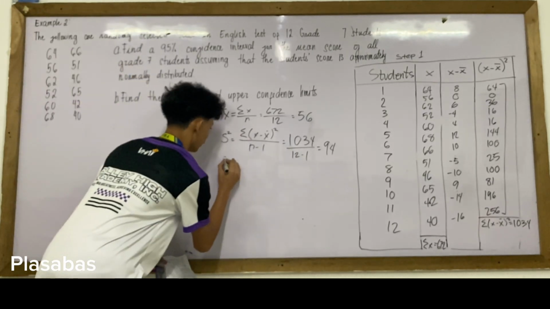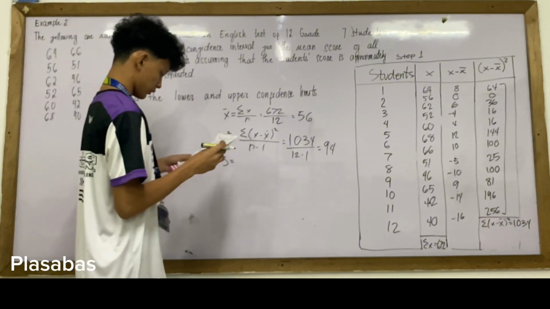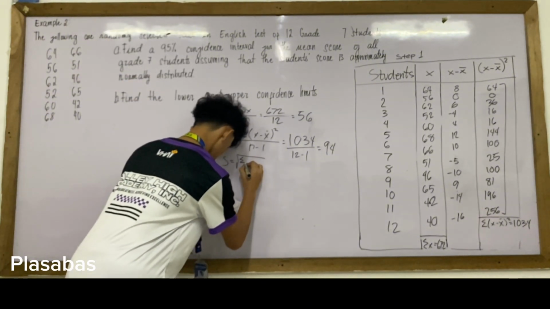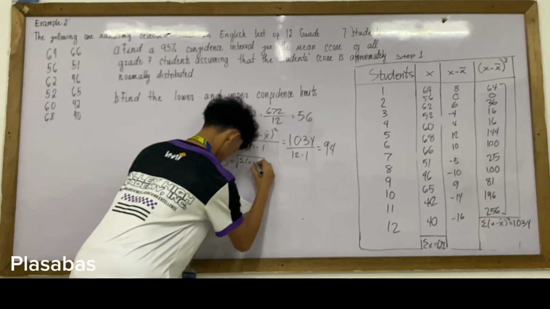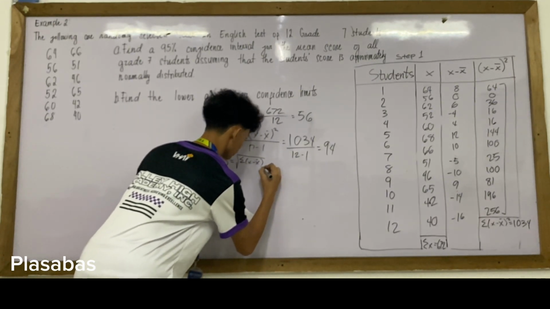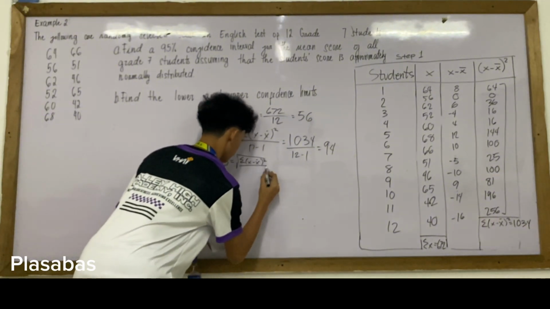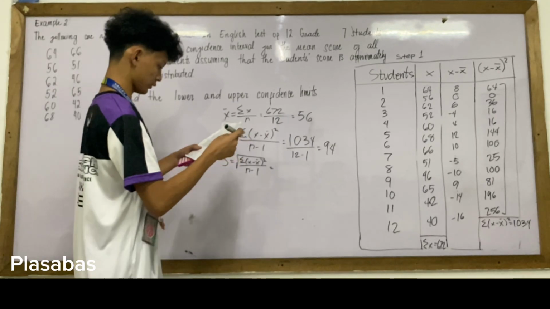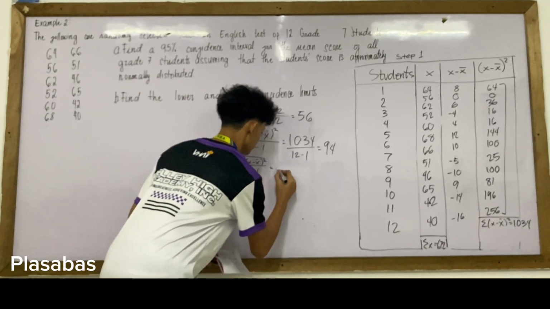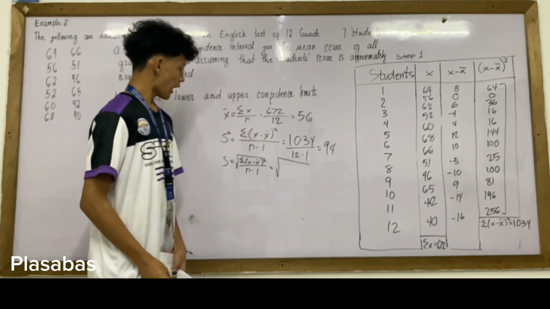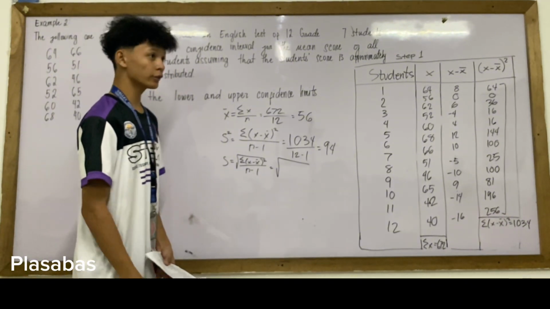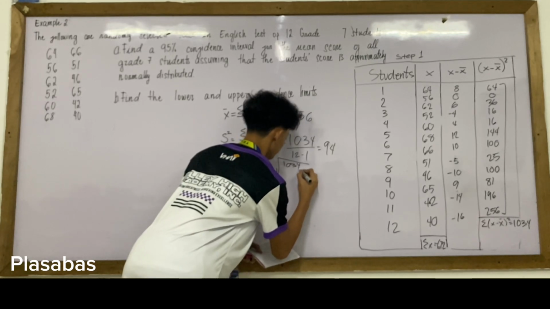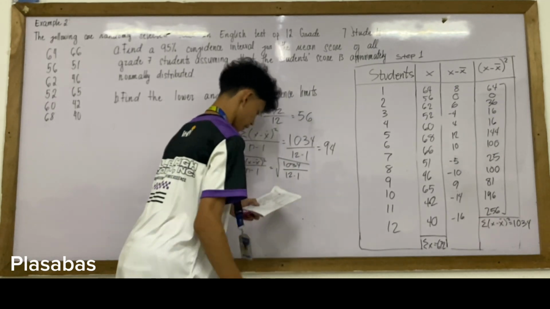And then next, the standard deviation is the square root of the summation of the quantity x minus sample mean squared over n minus 1, where the summation is 1034 over 12 minus 1.